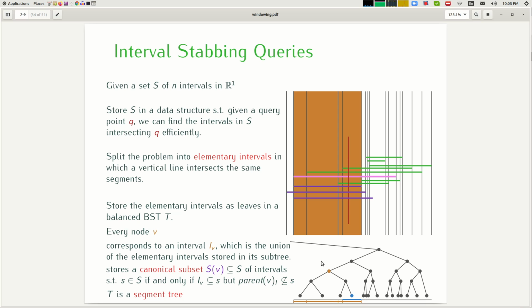Note that unlike an interval tree, one line segment could be stored multiple times in a segment tree. Therefore it is not obvious how to analyze the space complexity of a segment tree, and that's what we're going to do next.